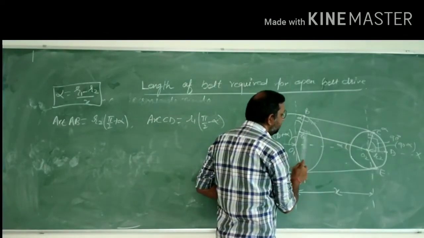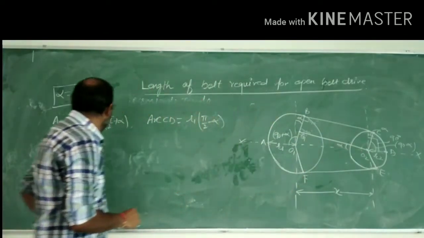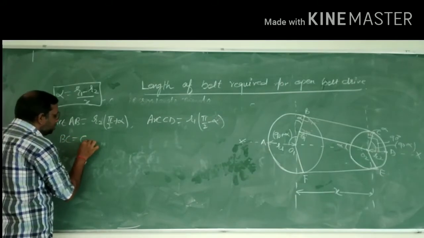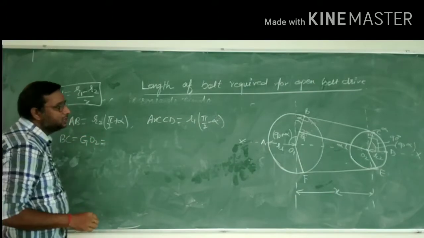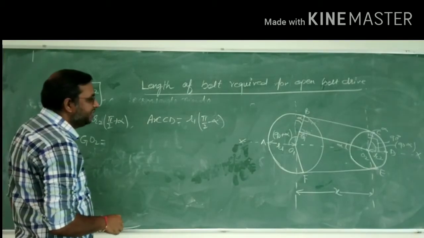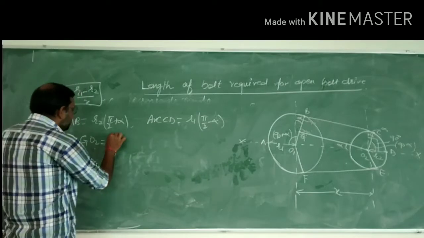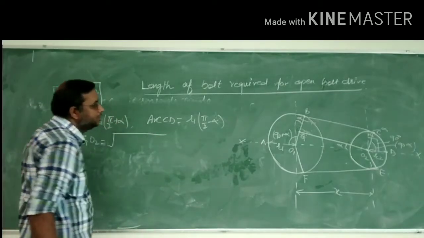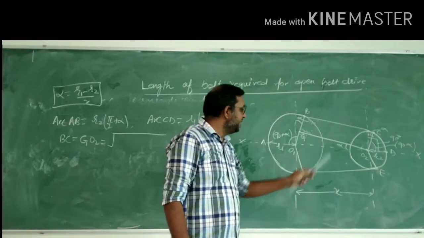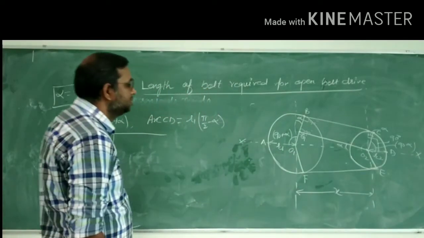Length BC would be equal to length GO2. So BC would be equal to GO2 from this right angle triangle. By using hypotenuse formula, we can find the value of GO2. That would be equal to under the root, since perpendicular square plus base square will be equal to hypotenuse square.